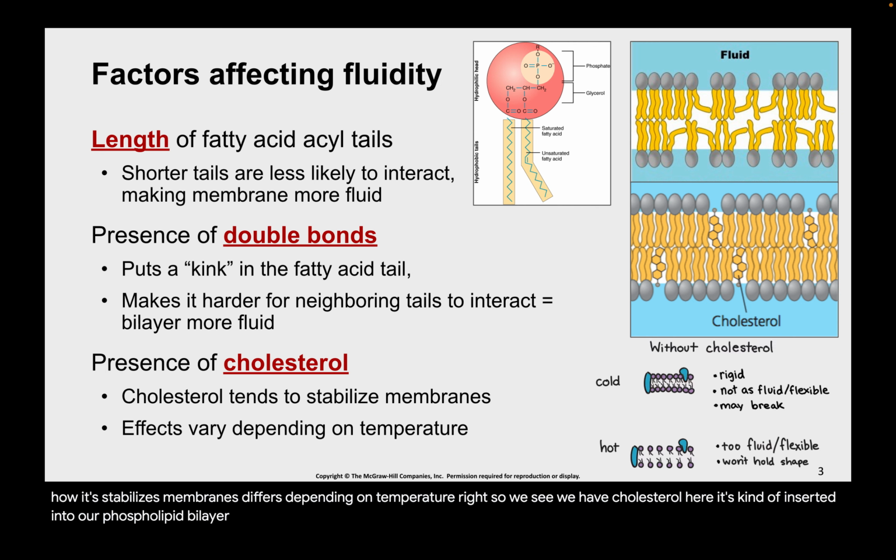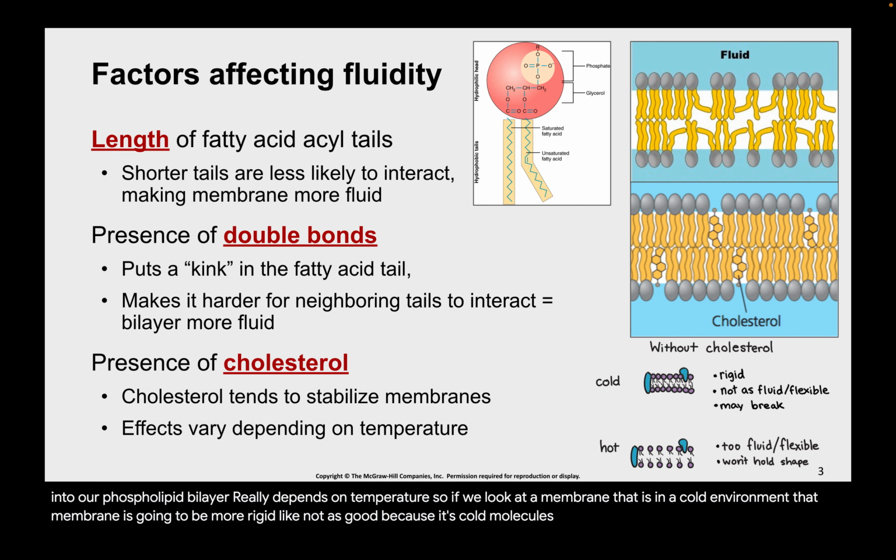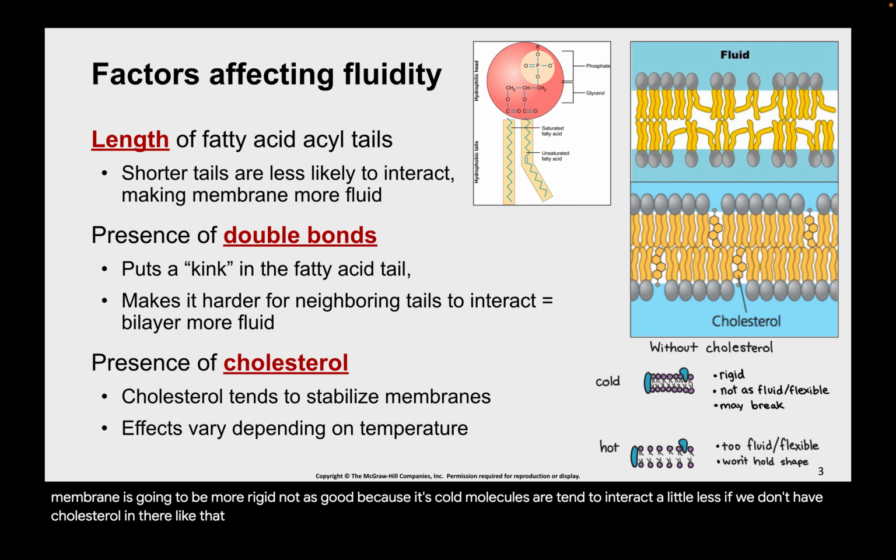It really depends on temperature. So if we look at a membrane that is in a cold environment, that membrane is going to be more rigid, not as fluid, just because it's cold. Molecules tend to interact a little less. If we don't have cholesterol in there, that rigidity makes it a little bit more breakable.